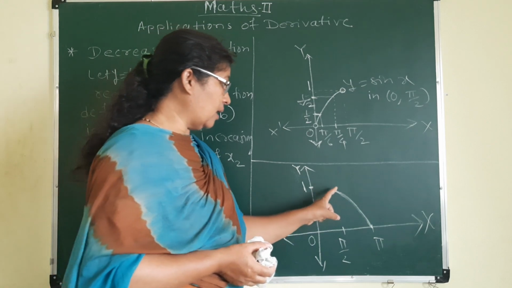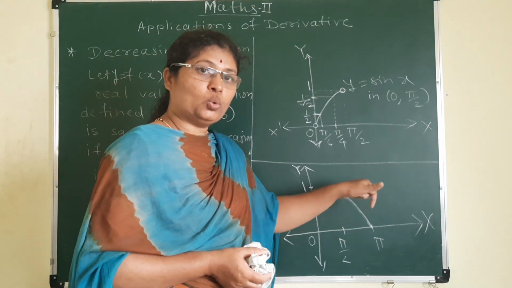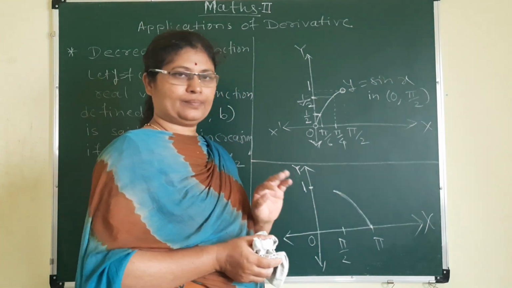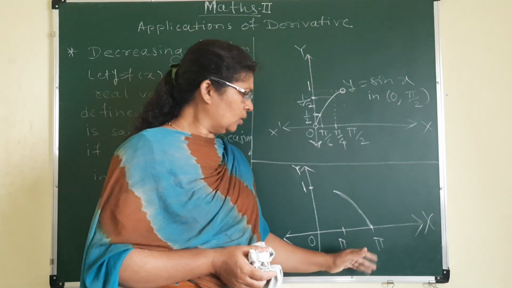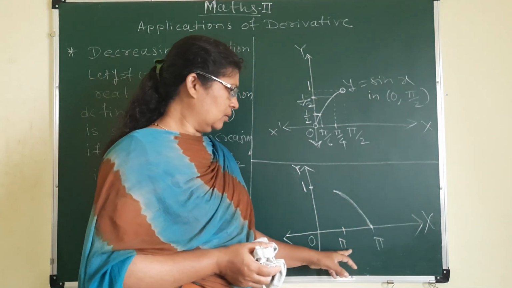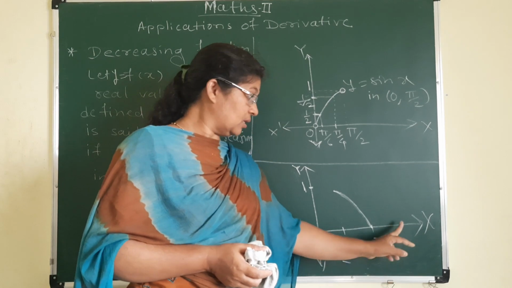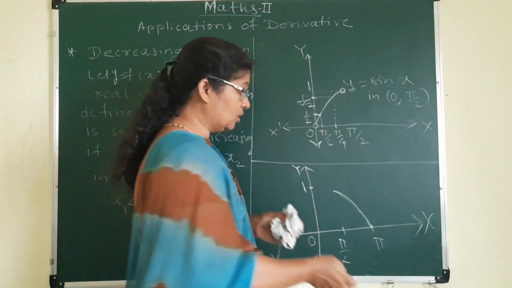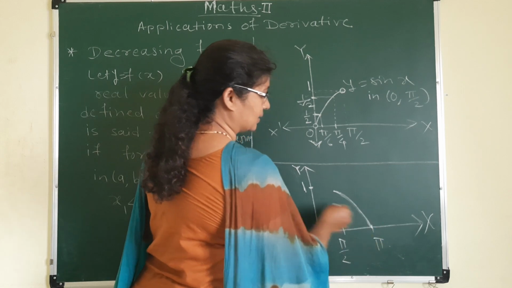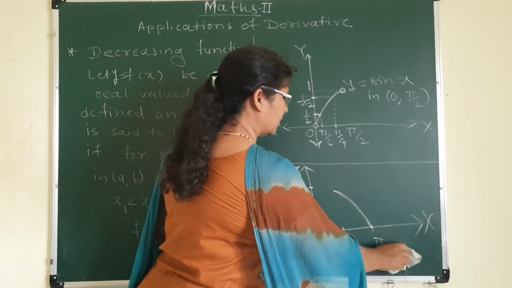So the graph is going to touch the x-axis. You may consider up to the next point also. Here for 3 pi by 2, it is minus 1. You may consider up to 3 pi by 2 also. So this will go like this. Okay, I have considered this one.